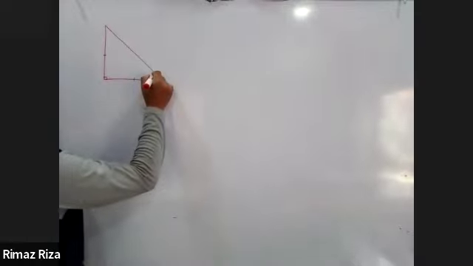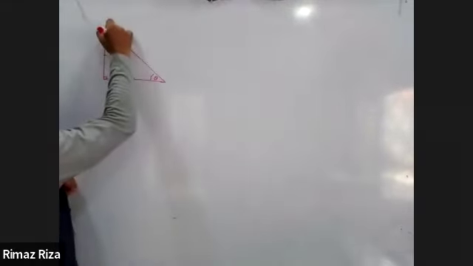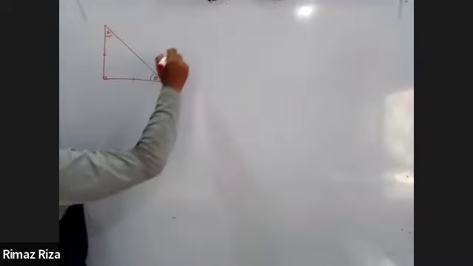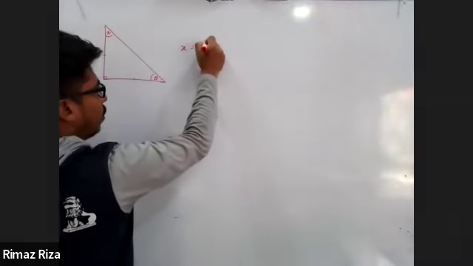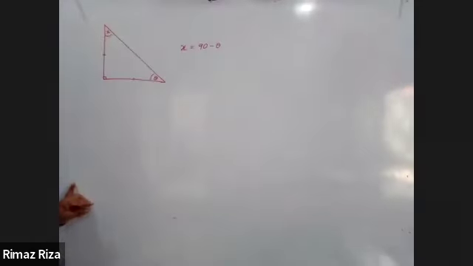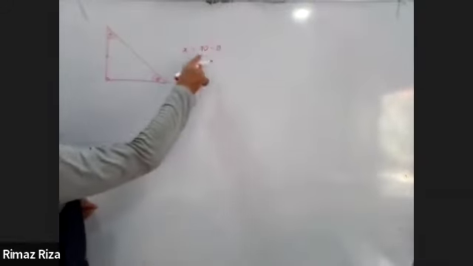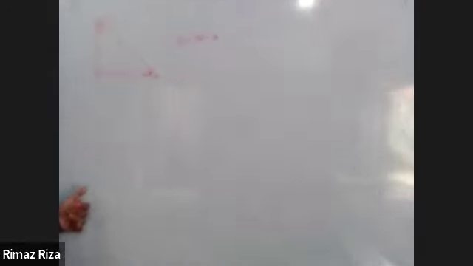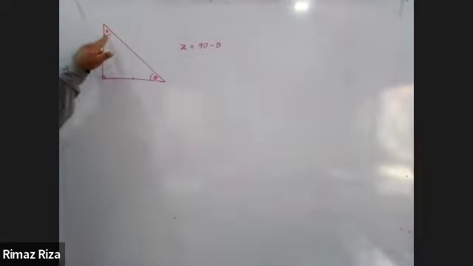Now if this angle is theta, this angle is, let's say, x. We want to find x, but we know x is equal to 90 minus theta. This angle should be 90 minus theta, right? The previous one: this angle is theta, this angle is 90 minus theta.